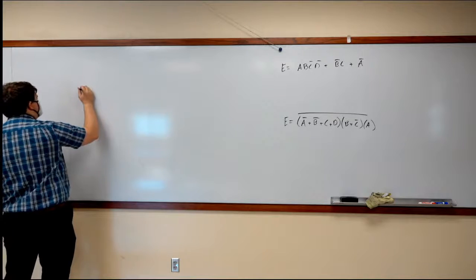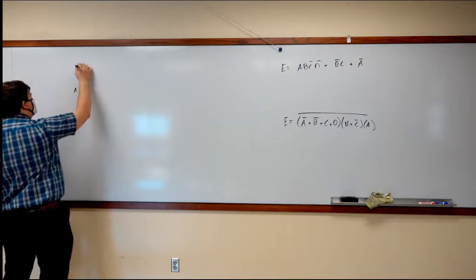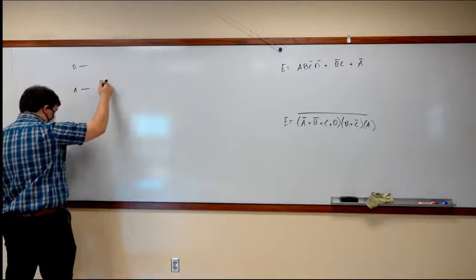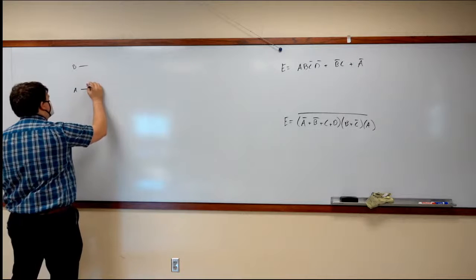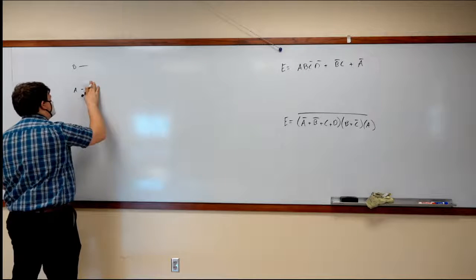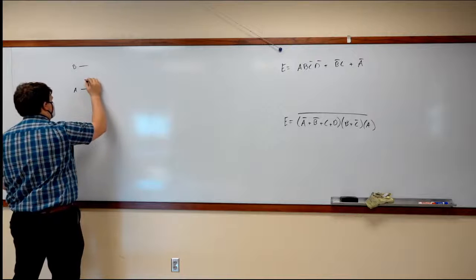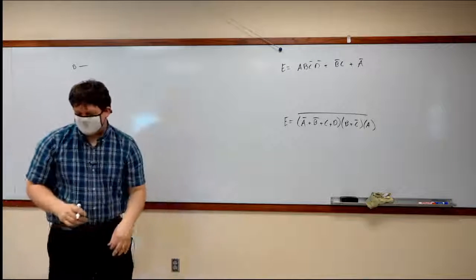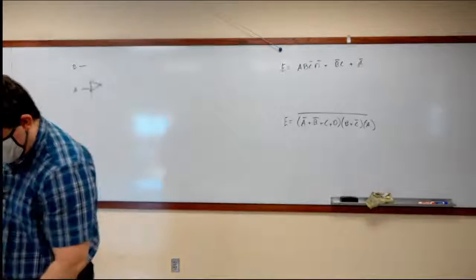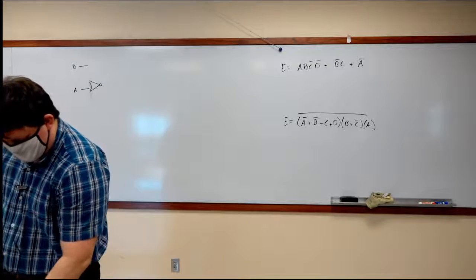Okay, so I'm going to have a system where I have an A and I have a B, okay? And what I'm going to do is I'm going to plug this into, oh, is it a NOR or a NAND? Another thing I don't ever remember.